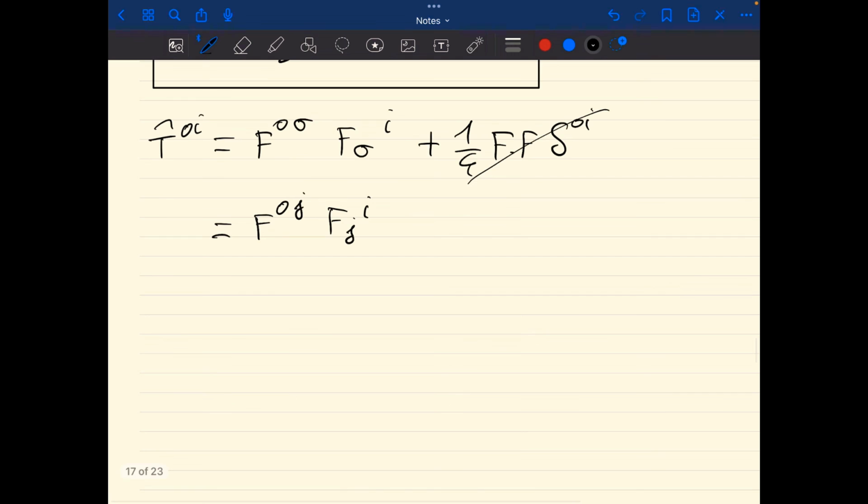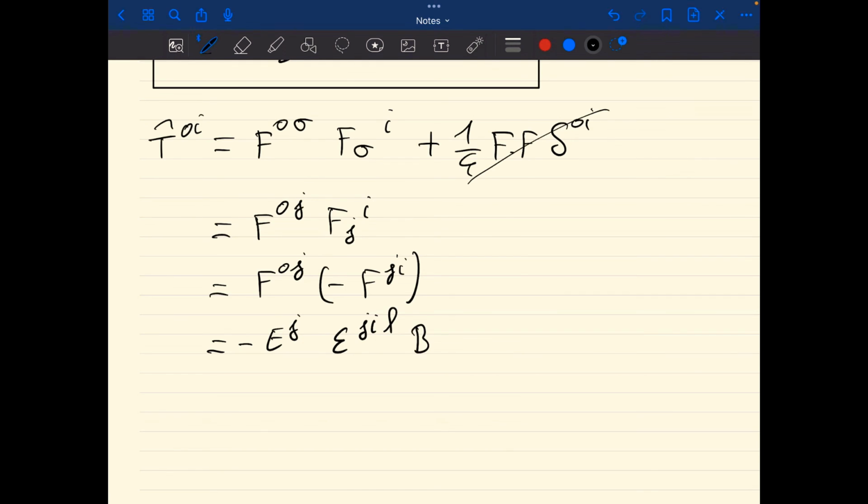So we can manipulate that a bit. So that's F^{0j} times minus F^{ji}. And the first term is minus E^j, and the second term is ε^{jil}B^l from the definition that we've seen before.